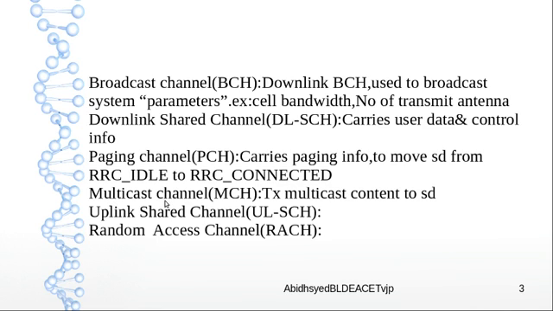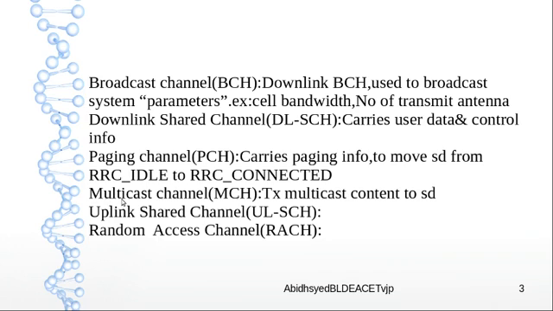Next is the multicast channel. The multicast channel is used for transferring multicast content. That means the same information is transferred to some n number of users, and that particular user is among them. So it receives the same copy of information, something like xeroxing the same information.